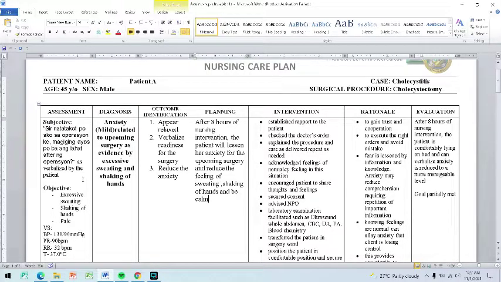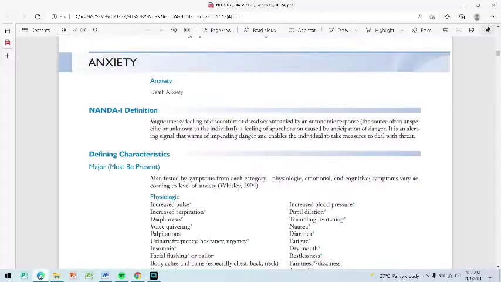Let's look at the diagnosis of anxiety in the NANDA. I have here the nursing diagnosis based on Carpenito 2013. I use this as a reference for this review and for this teaching methodology regarding the preparations for the NCP.